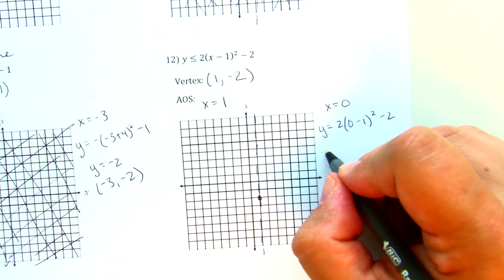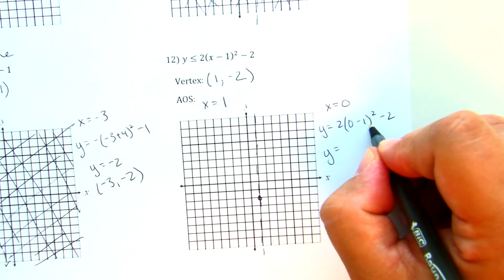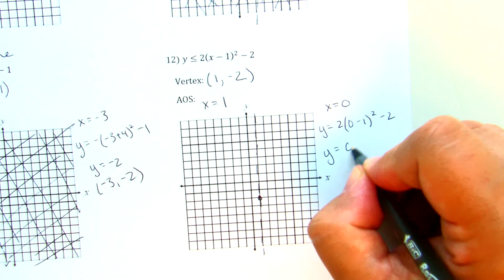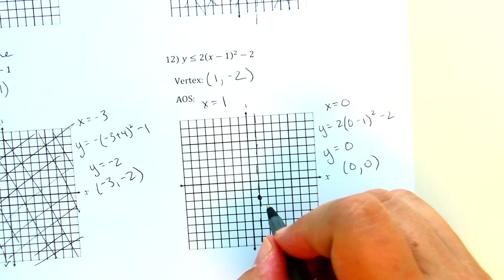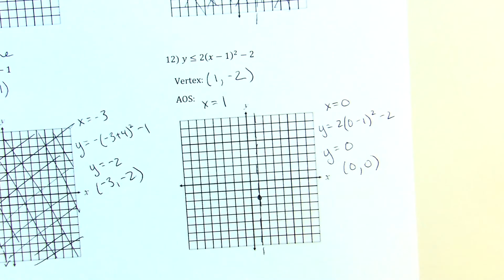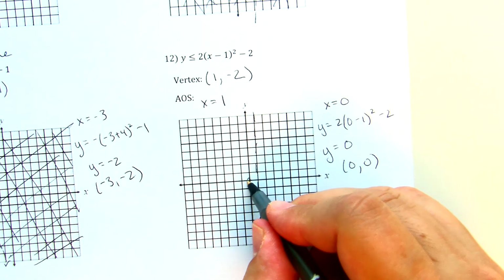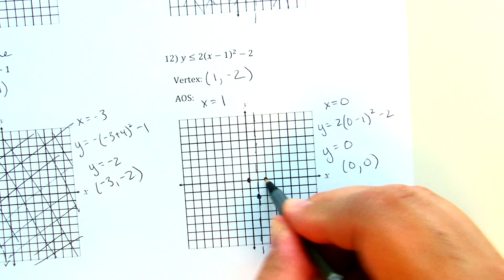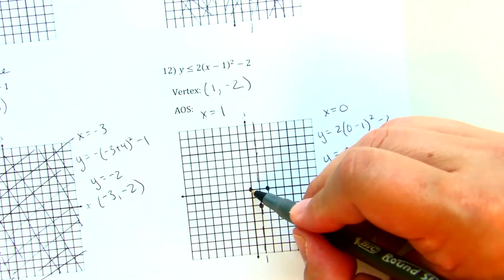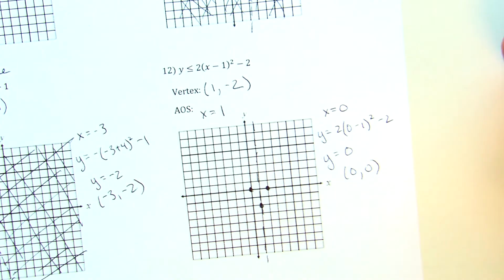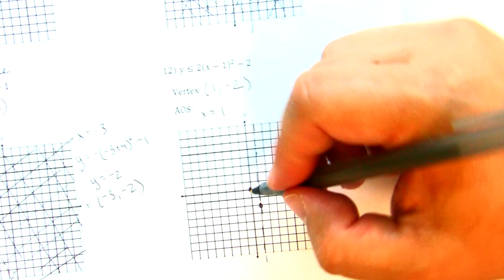So that's 2 times 1 is 2, 2 minus 2 is 0. So there's a point at (0, 0). I feel like I did that wrong. Oh, I know, because I went to the left. Oh, well, that'll work too. Either way. So that would be (0, 0), and then there's another point on the other side of the axis of symmetry. It's right there. Hey, why not? We can do it that way too.